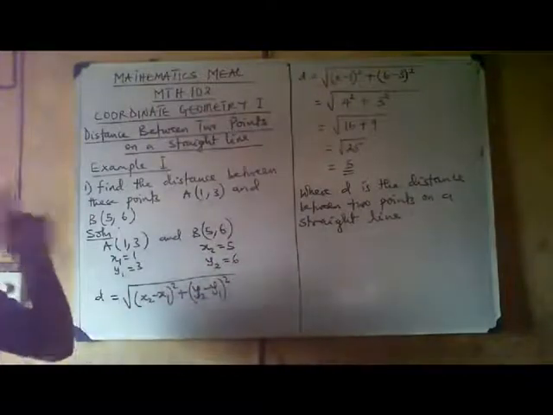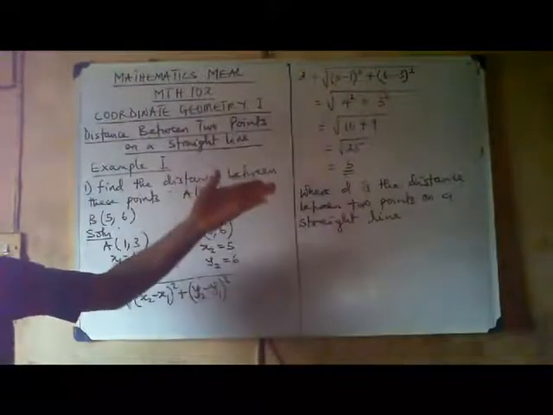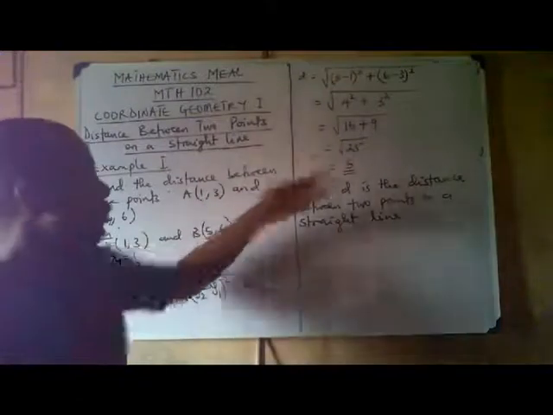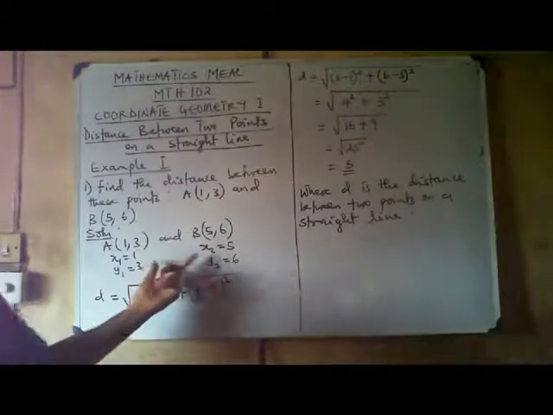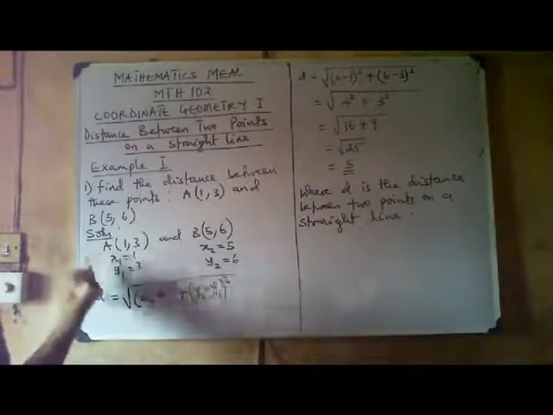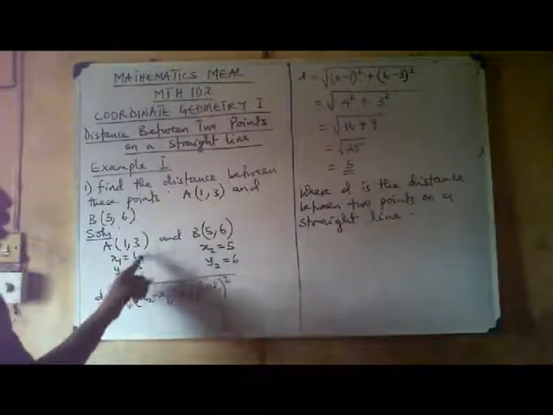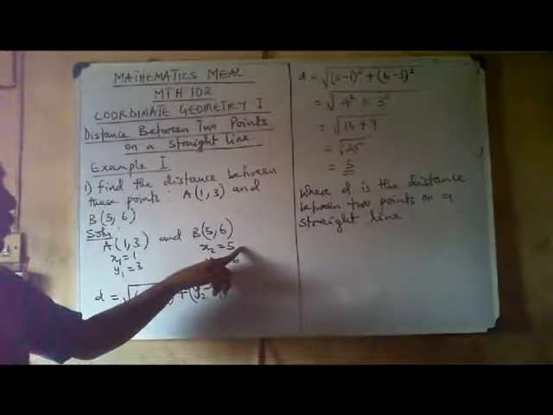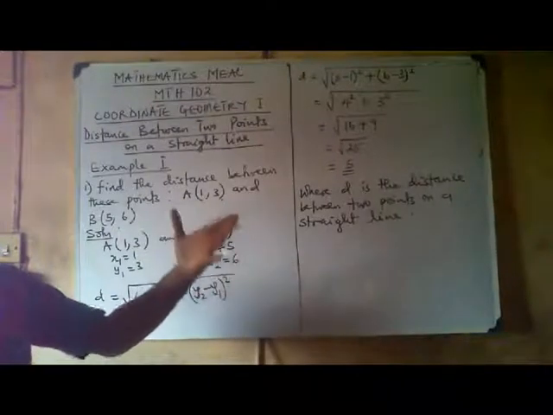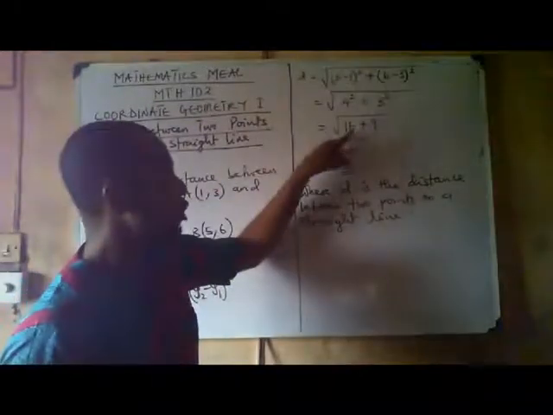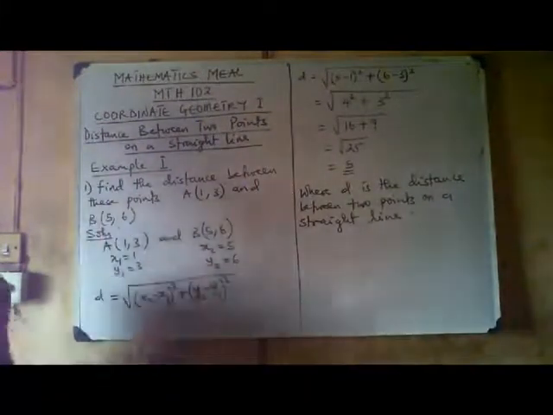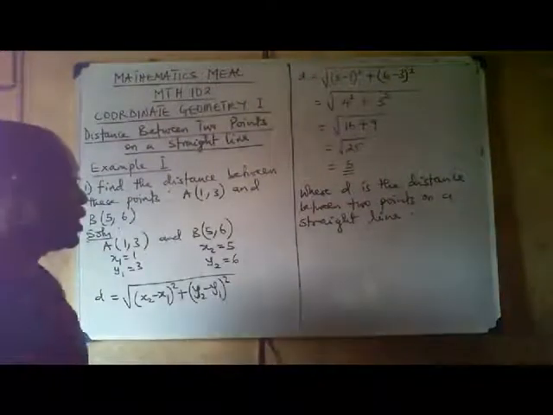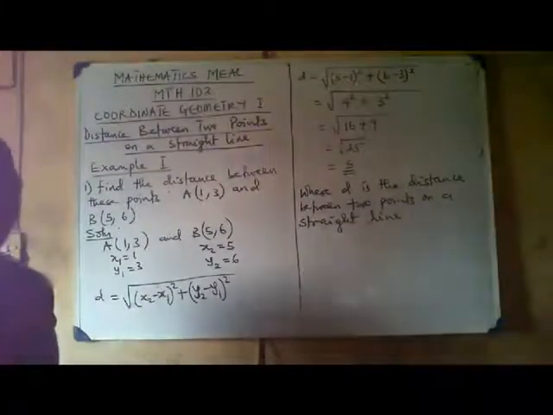No matter the one you choose as your first point, you arrive at the same answer, because even if you have a negative value, when you say 1 minus 5, you are going to have minus 4, and when you square minus 4, it will still be positive 16. So you see, the choice of your point is not of great importance.